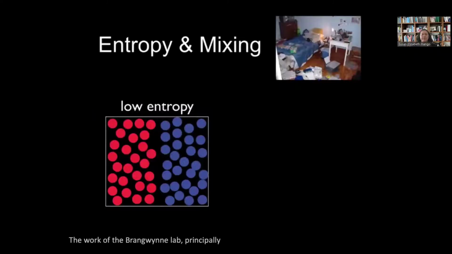Here, what we're asking is for molecules to separate into two separate states. And we're taught that this is really not what molecules want to do. They want to do this, right? This is not my bedroom. But they want to achieve a high entropy, very messy state.